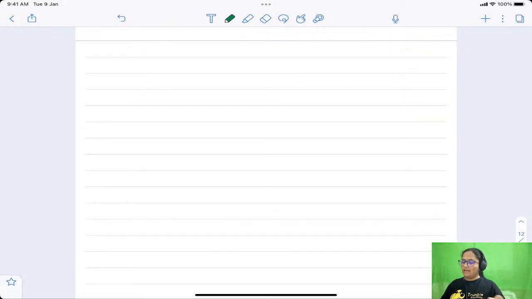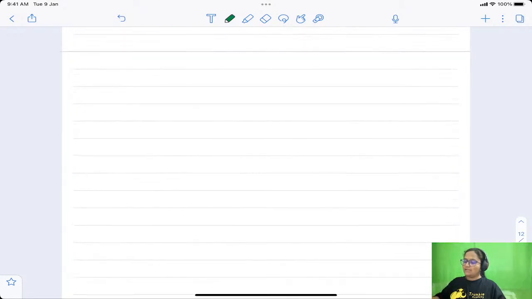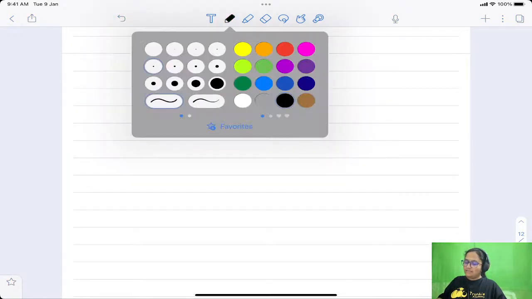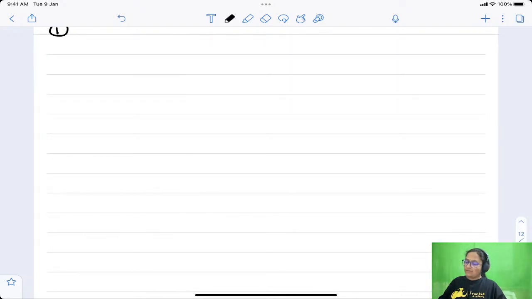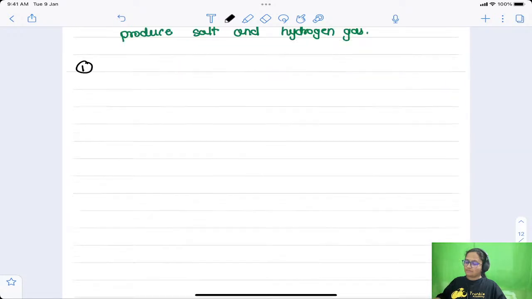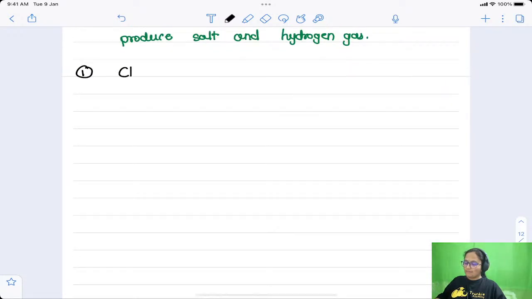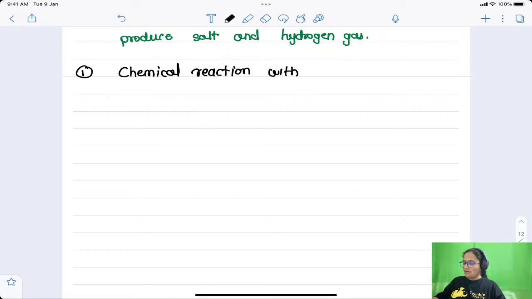Now let us start the actual chemical reactions of metals and non-metals. The first chemical reaction of metals is the reaction with oxygen in air.